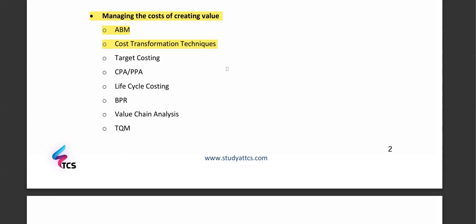So please make sure that you make specific focus on the cost transformation technique, because the pre-seen gives us sufficient hint that it could be a topic in the examination.